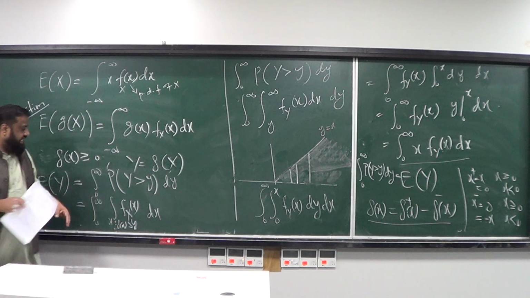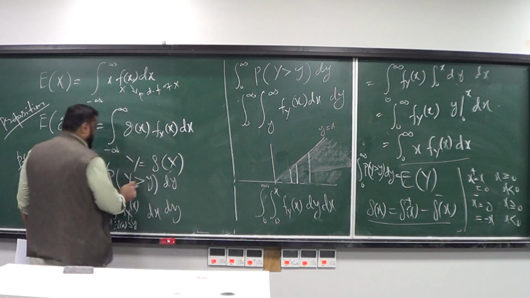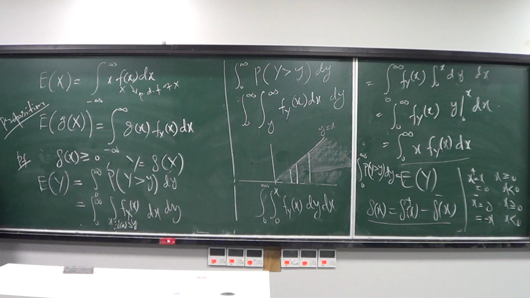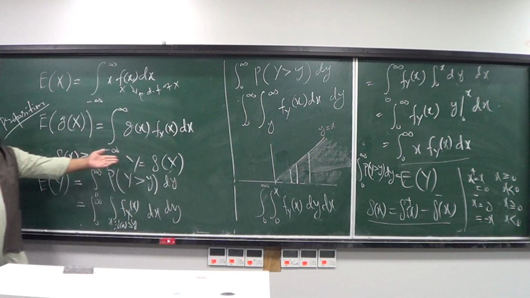So what I just did was substitute the value of the probability of Y bigger than y. Y is g of x.